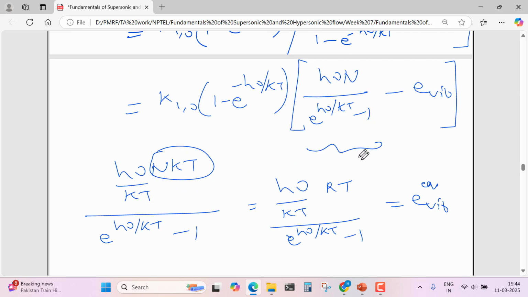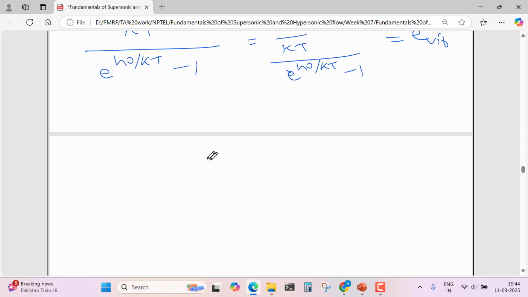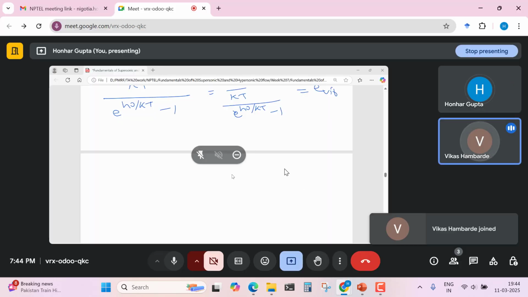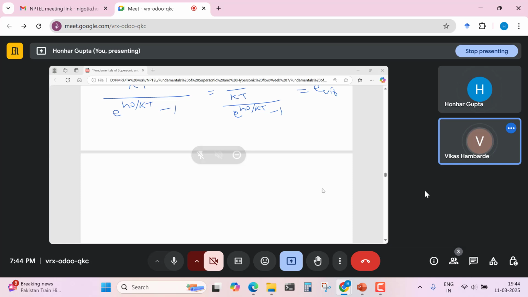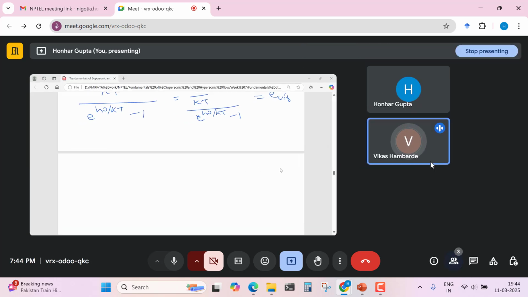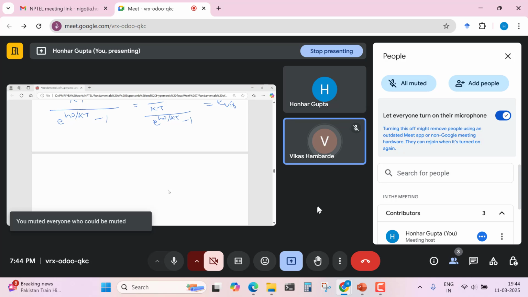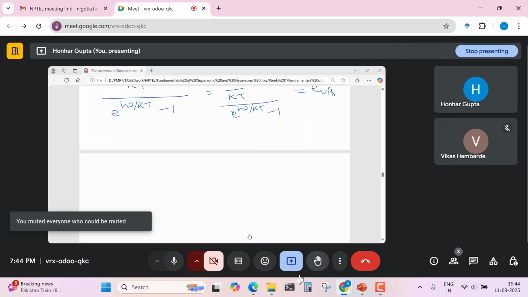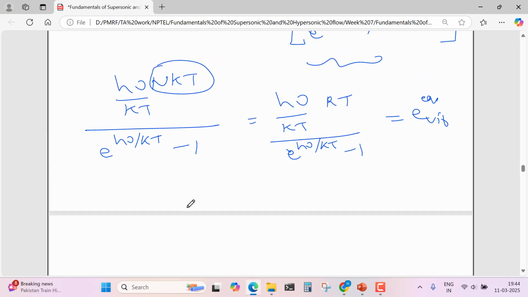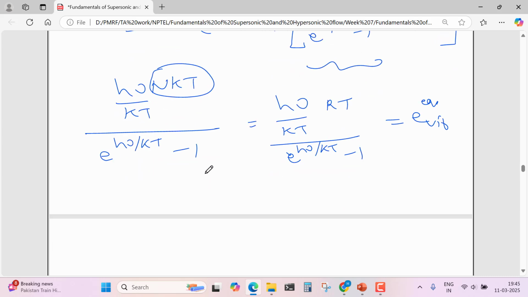So we can substitute this term by E vibrational equilibrium, and we will define one relaxation time tau equal to 1 upon k1,0 (1 minus e to the power minus h nu upon kt).